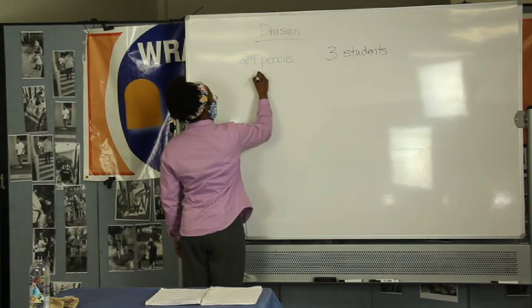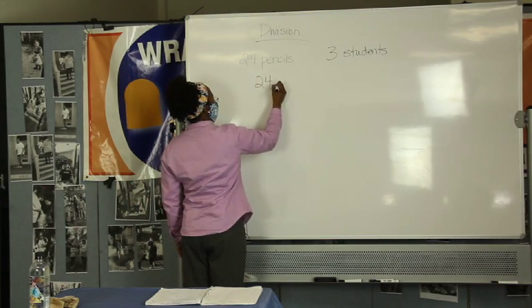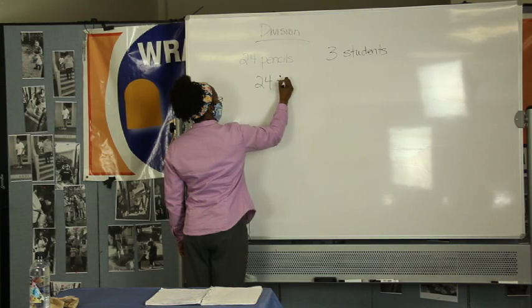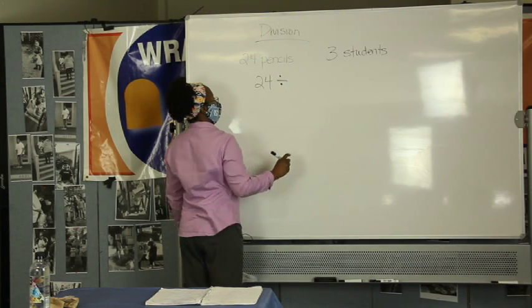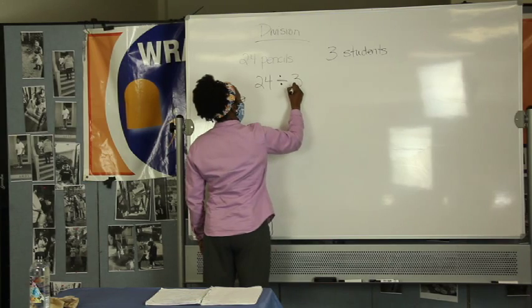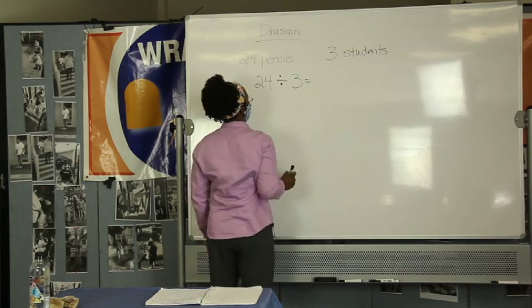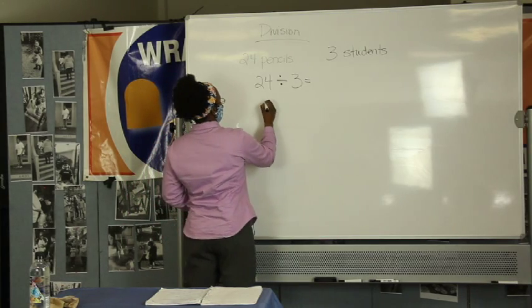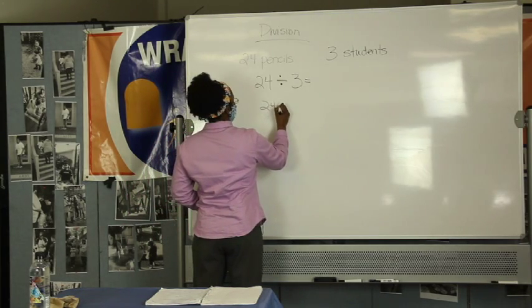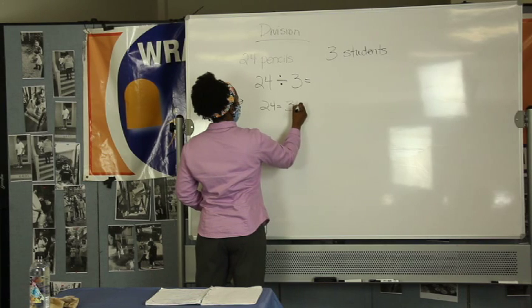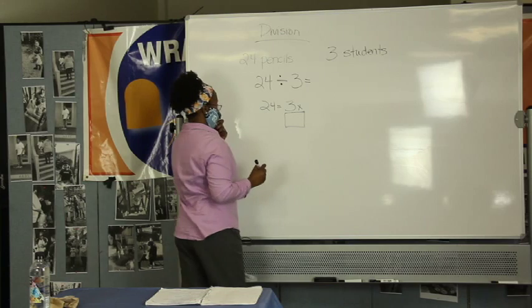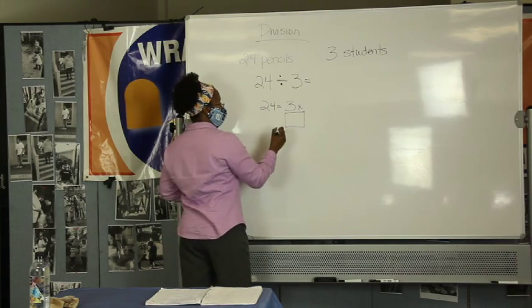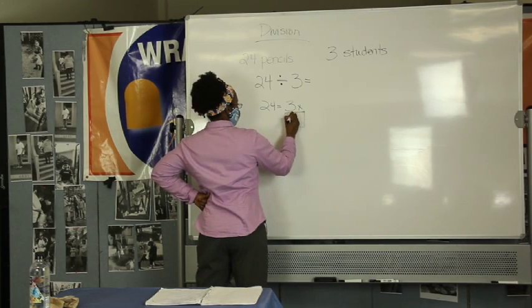So 24 divided by 3 students equals, and just so we have the relationship together, 24 equals 3 times, what's the math fact? You need to make sure you know your math facts very well.